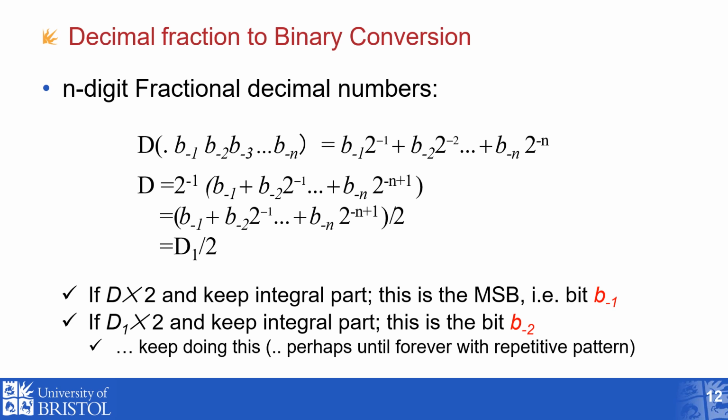One thing which is special is that this process can keep going up until you end up with no remainder, or up until you hit a repetitive pattern. This is actually a very good point to remind everyone that during your university studies, you should be independent, which means that if you're interested to find out why fractional decimal numbers, when converted to binary, can be repetitive, and this can go on forever, you can Google it.